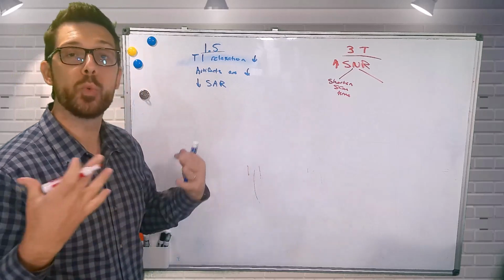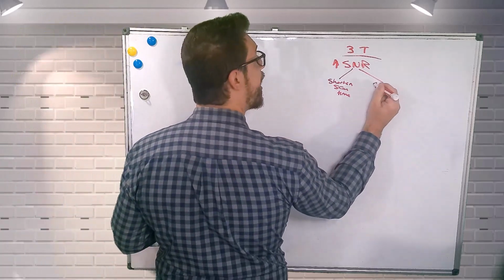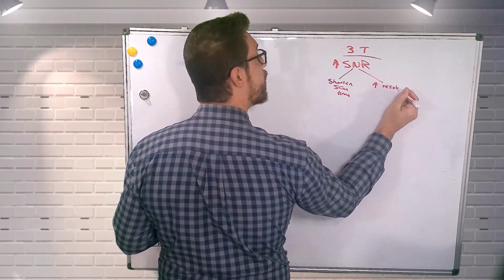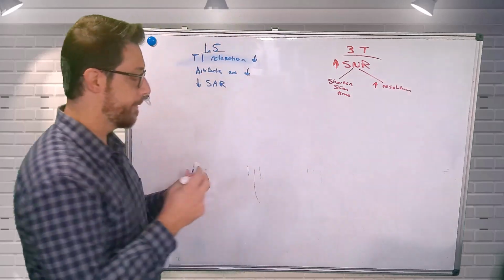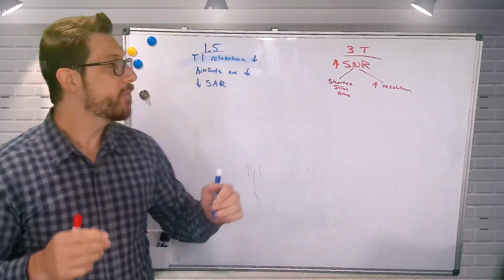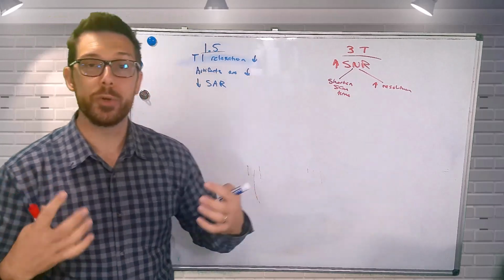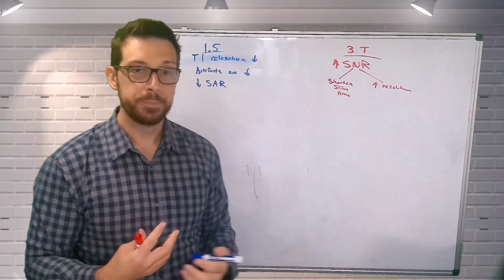We have more signal to work with, which means we can achieve higher resolution. So those are the main benefits of 3T. It's the signal to noise ratio. We see this trend coming out.